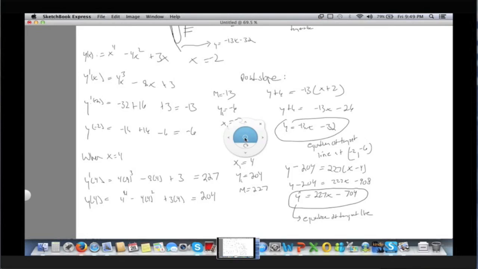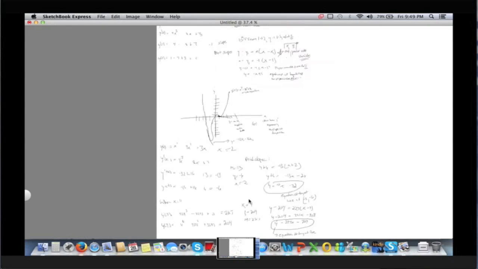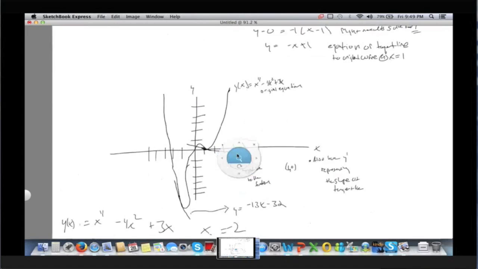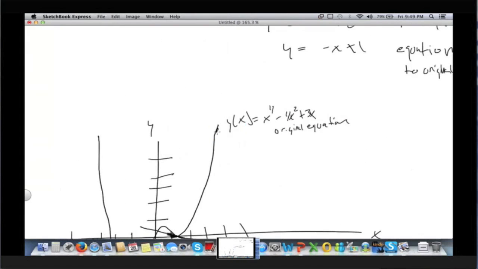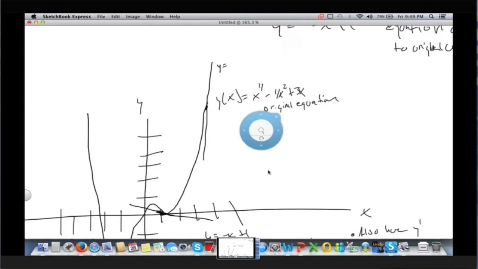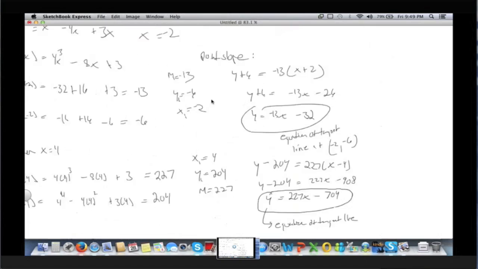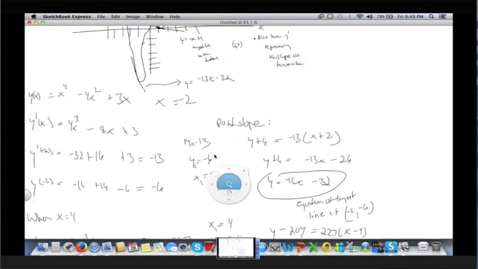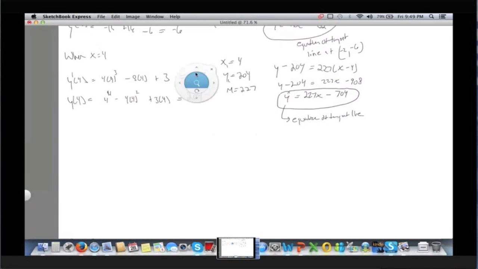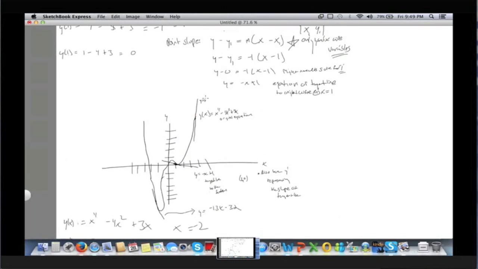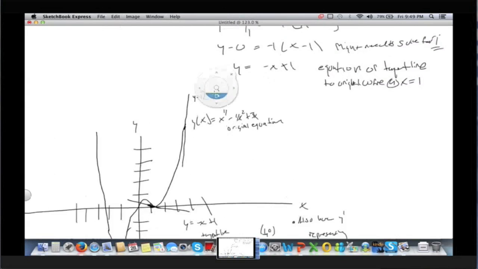And the slope was 227. So y equals 227x minus 704.